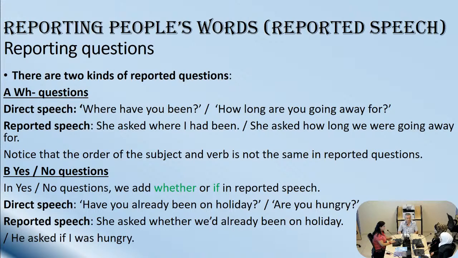Where I had been: in the original sentence we have been, which is present perfect. We changed the present into past, so we changed it into had been. Now the second sentence is, she asked how long we were going away for.